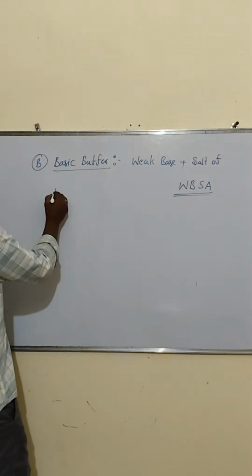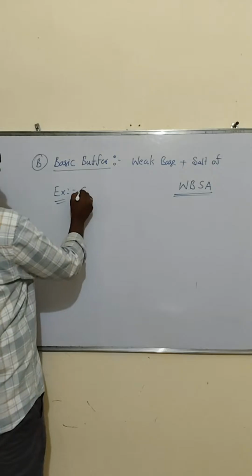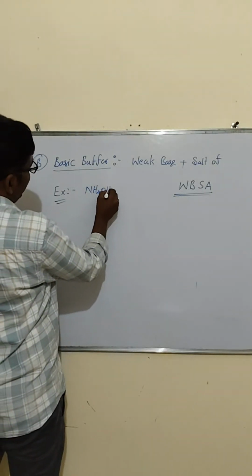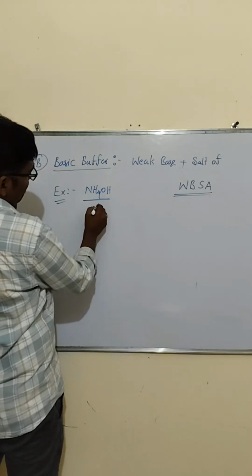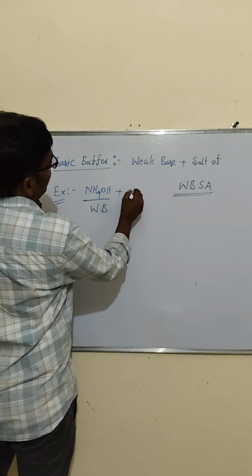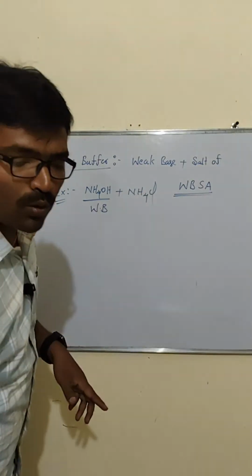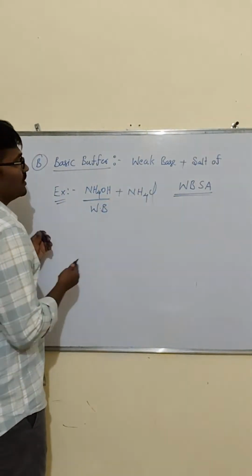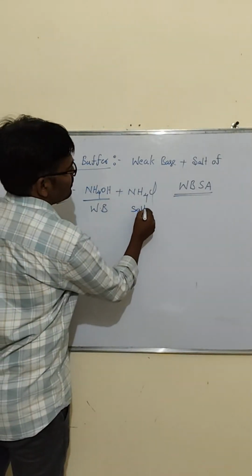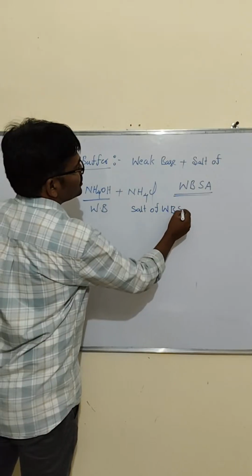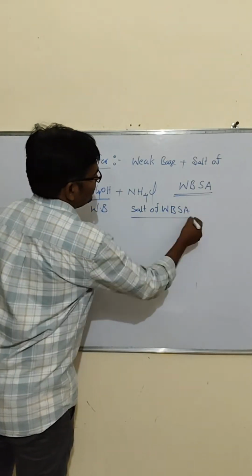For example number 1, NH4OH, ammonium hydroxide, is a weak base, plus ammonium chloride, NH4Cl. Ammonium chloride is a salt of weak base and strong acid.